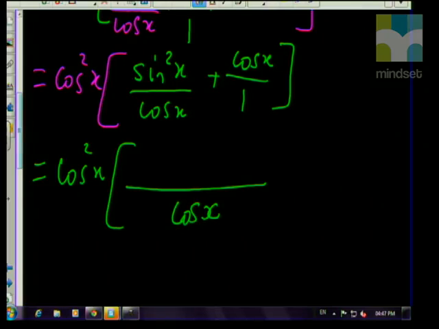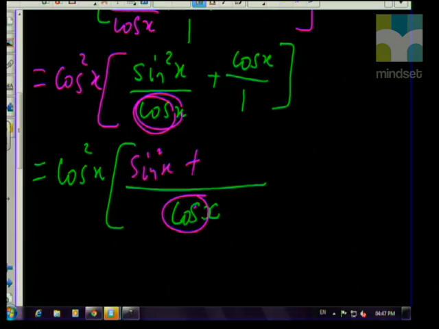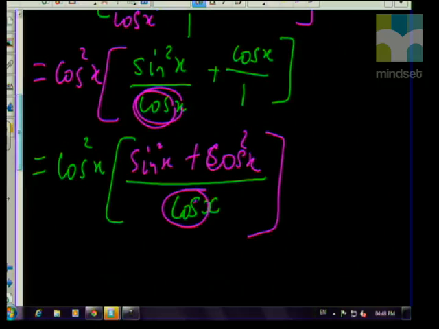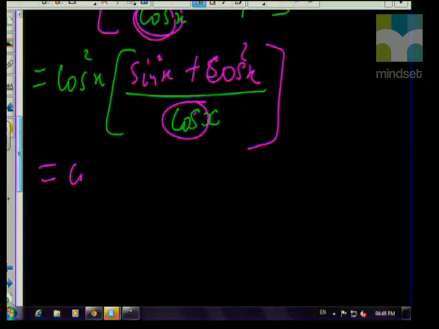Now, we go again, we say cos of x divided by cos x, that gives us 1, times the sine squared x, we get sine squared x, plus the cos x divided by 1, we get a cos x, that's going to multiply with the cos x, that gives us cos squared x. Now, guys, remember, sine squared x plus cos squared x is an identity, it equals 1, all right? So you've got now cos squared x bracket 1 all divided by cos of x.